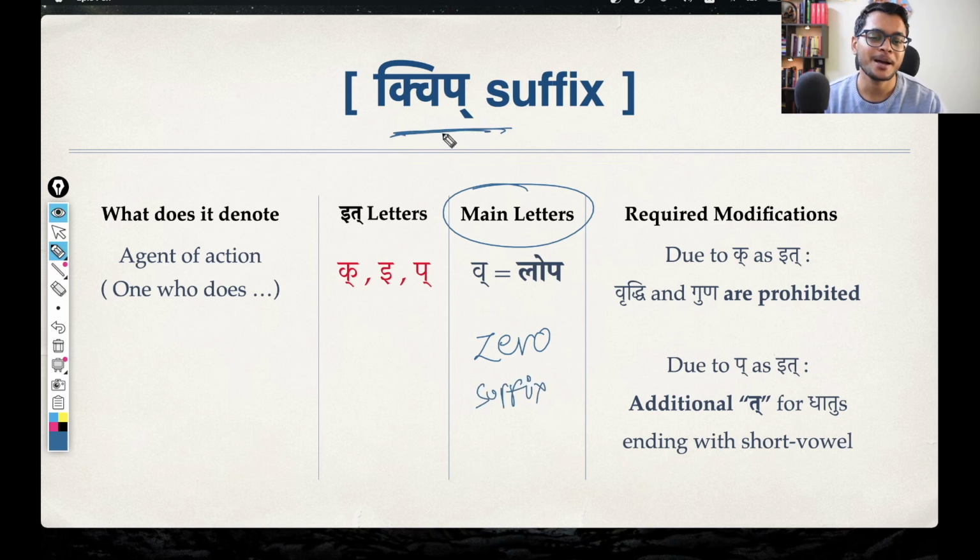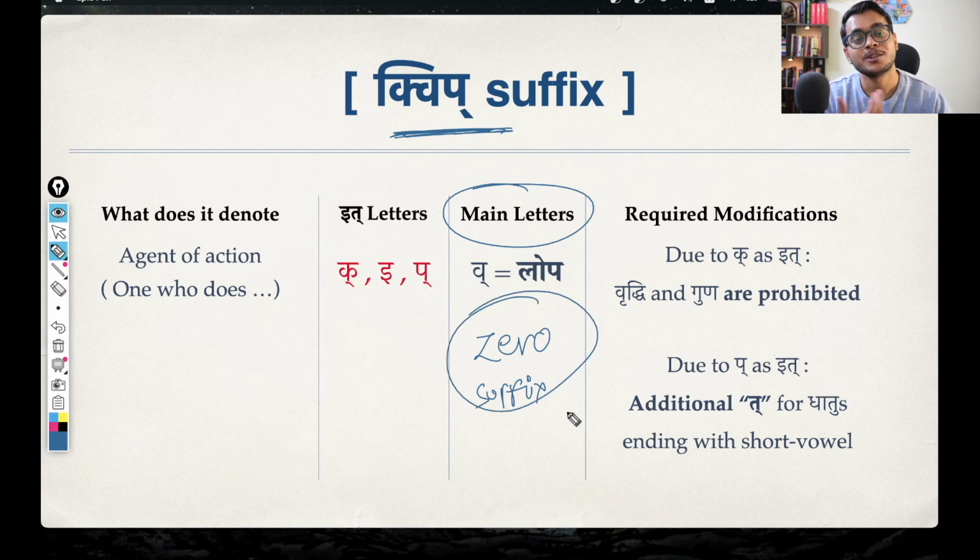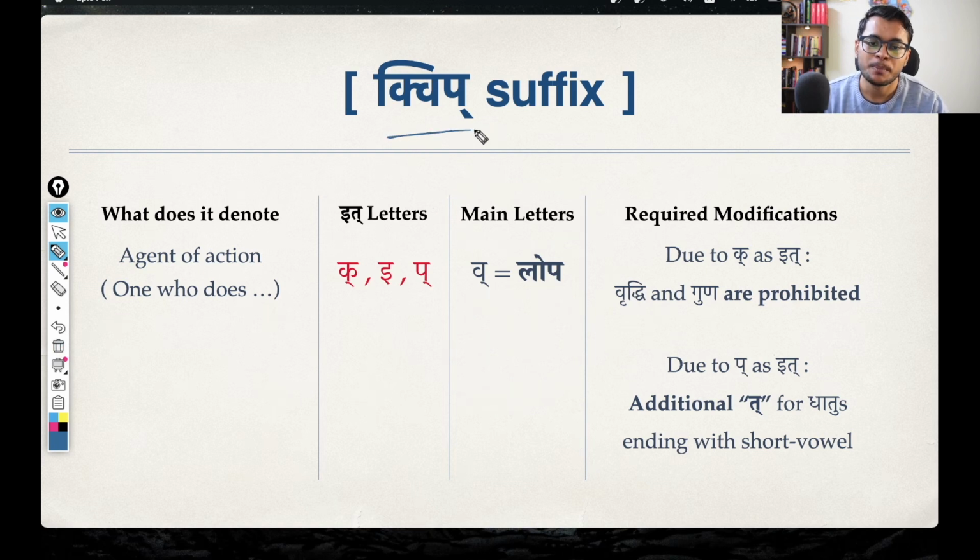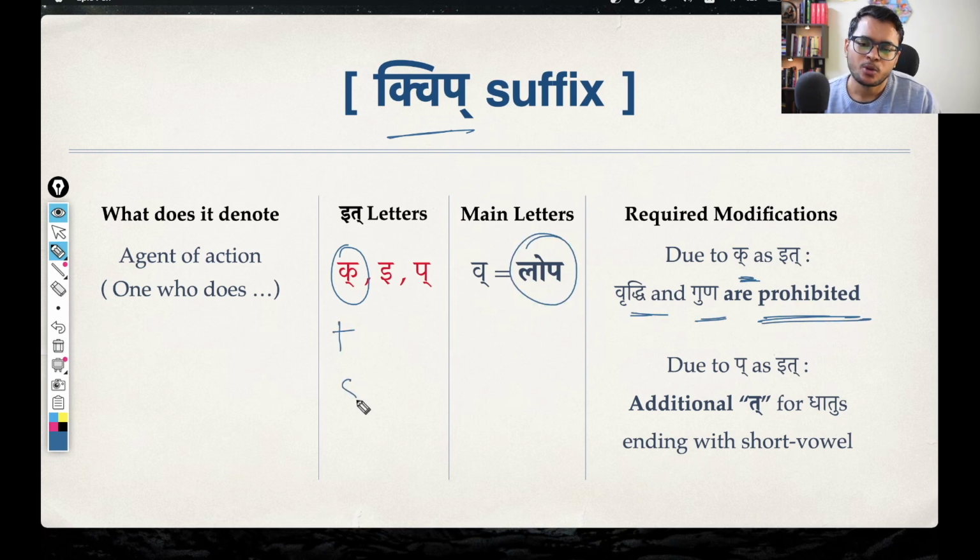So you can already imagine how easy it becomes to operate with this pratyaya. Since nothing attaches to the dhatu, you don't have to worry about any sandhis that may happen. And to top it off, since this quip has ka as an it letter, due to this ka as an it letter, the vriddhi and guna are prohibited. Just remember this point: it happens with ka.